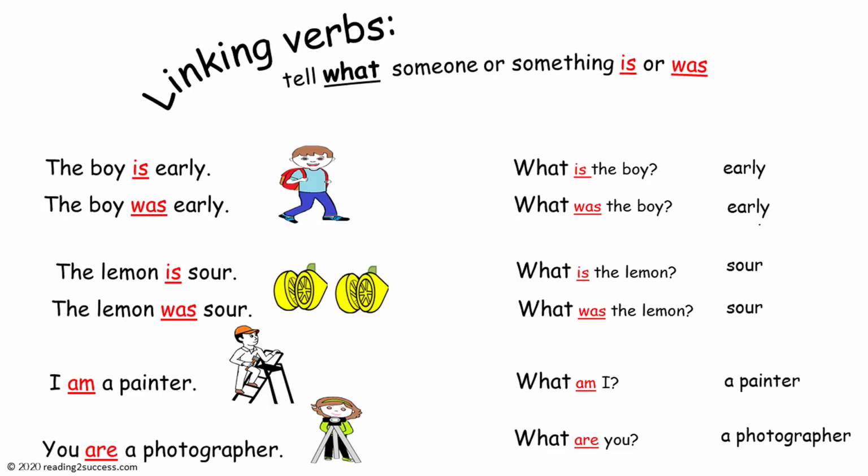Our next sentence is, I am a painter. Am is the linking verb, and it links I to a painter. And in the last sentence, you are a photographer. Are is the linking verb, and it links you to a photographer.